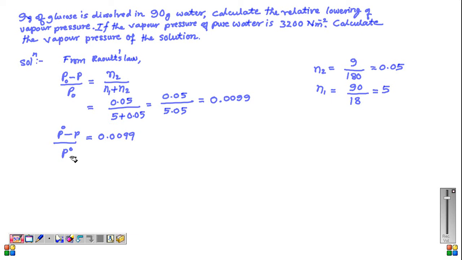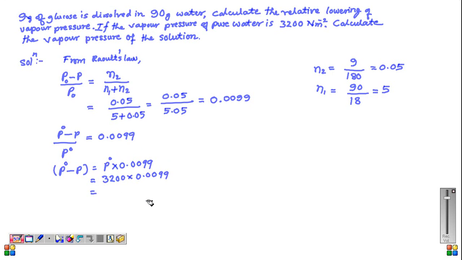So P naught minus P is equal to P naught, that is the vapor pressure of the pure solvent, into 0.0099. The P naught value is given here. The vapor pressure of pure water, water is the solvent, 3200 into 0.0099.